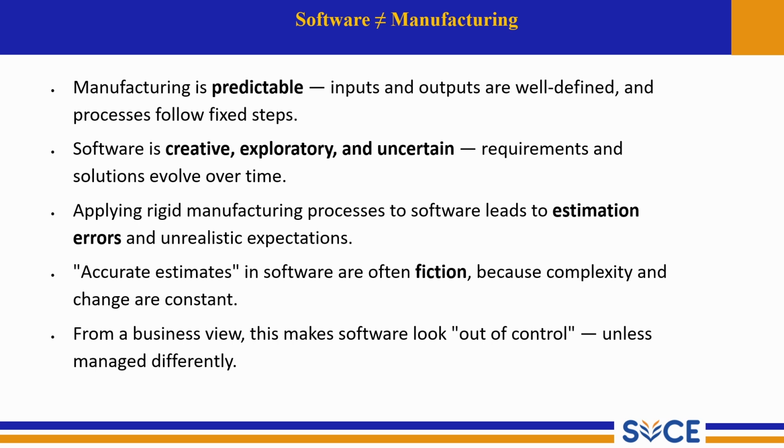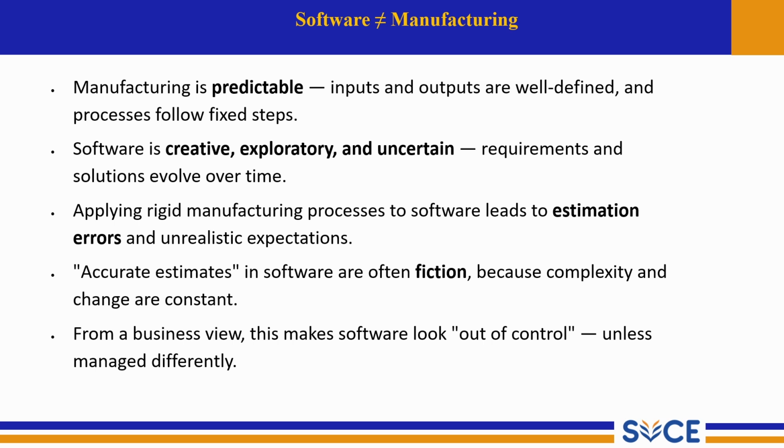Here we will see that software is not equal to manufacturing. It is not an easy task when we compare manufacturing with software. Manufacturing is predictable. Inputs and outputs are well defined and the process follows fixed steps. Software is creative, exploratory and uncertain. Requirements and solution evolve over time.